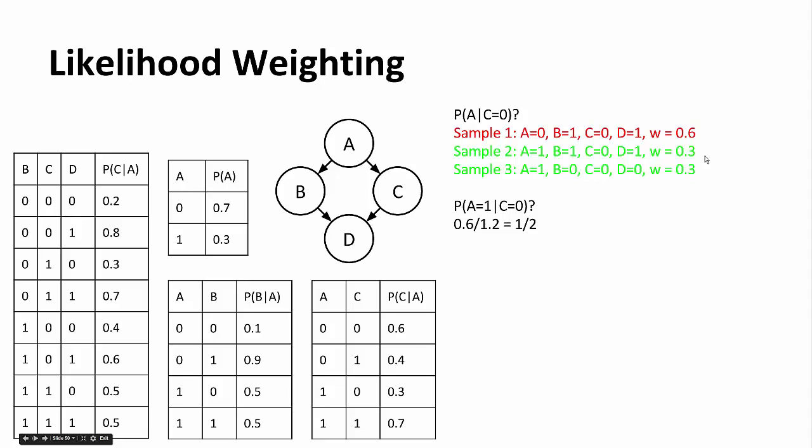And then we'll take the sum of the weights of those samples divided by the total weight. Okay, so the sum of the weights of samples 2 and 3 is 0.6, and then the total weight of all 3 samples is 1.2. So we'll just divide those, and we'll end up with our estimate equal to 1/2. Alright, so that's likelihood weighting.